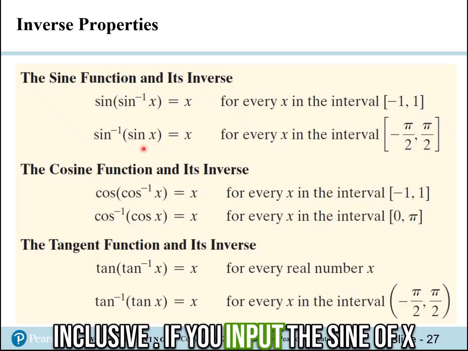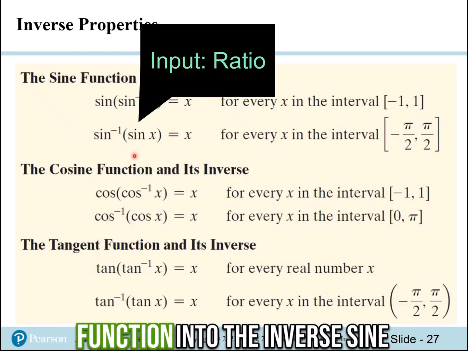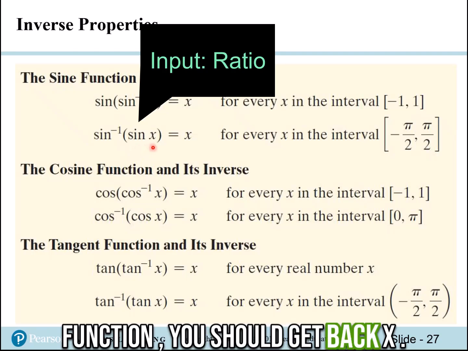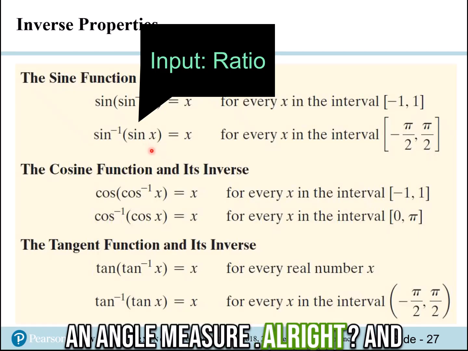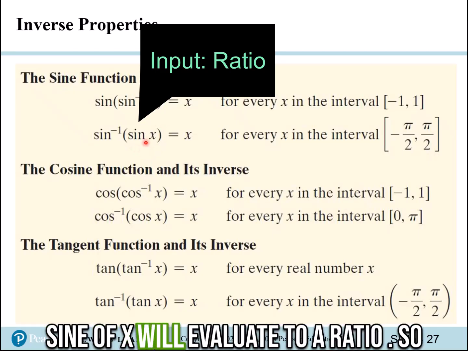If you input the sine of x function into the inverse sine function, you should get back x. Now, for the sine function, this x is an angle measure. All right, and sine of x will evaluate to a ratio.